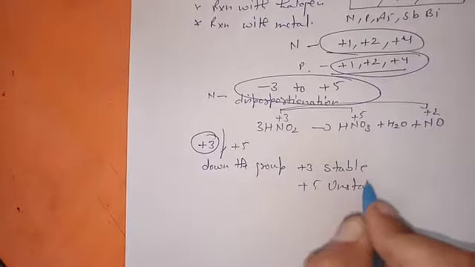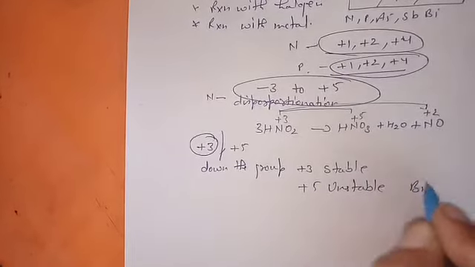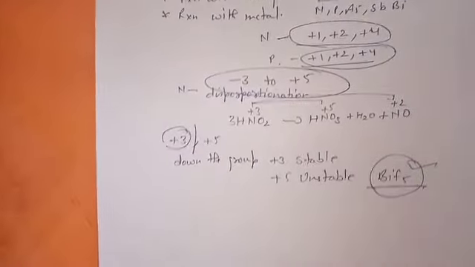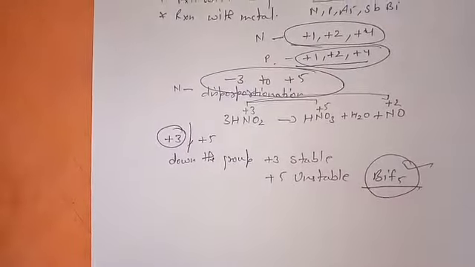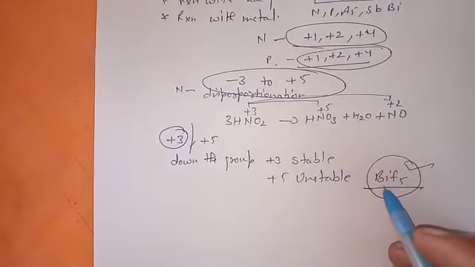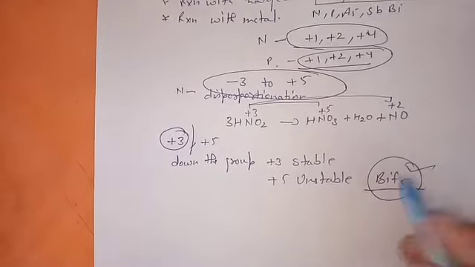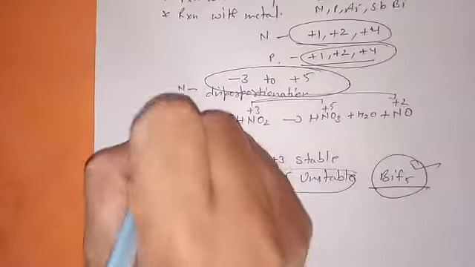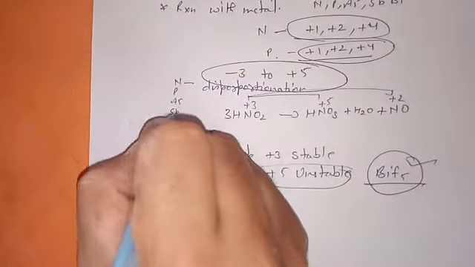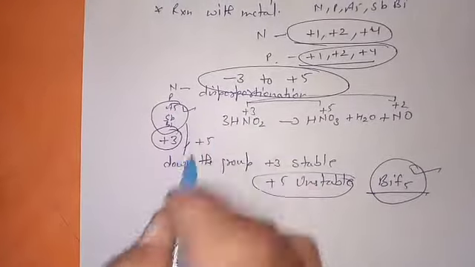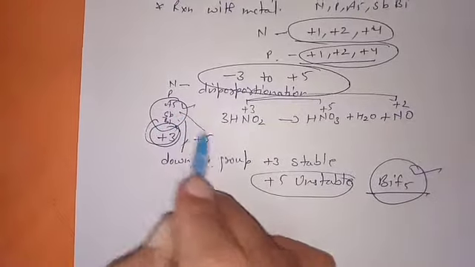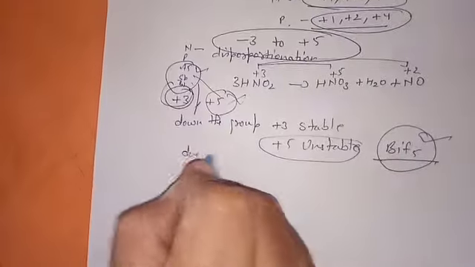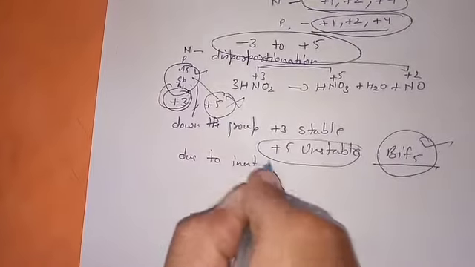Hardly any compound of bismuth is known where it exists in the +5 oxidation state, and that is also unstable. Meaning, if you talk about the lower elements, arsenic, antimony and bismuth, they are more ready to show +3 as compared to +5. +5 is unstable for them. And why? Due to the inert pair effect.